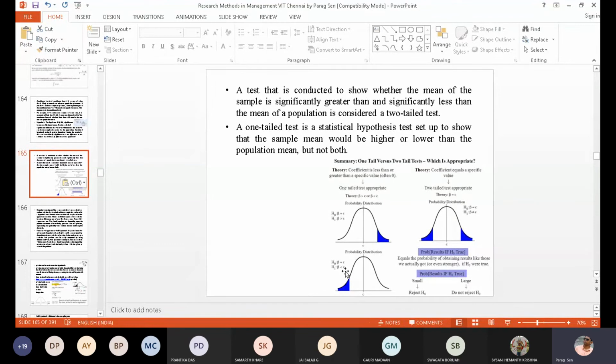Okay, so just like this. We will see in the examples later on. We will give you examples of a two-tailed test, and we will also give you some examples of the one-tailed test. And this is actually very easy to understand.